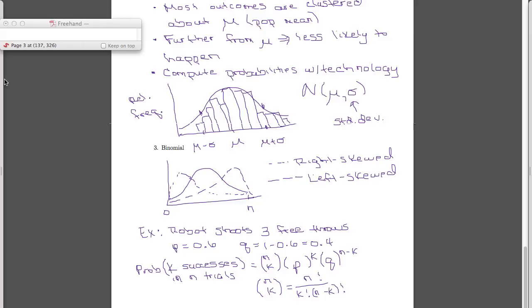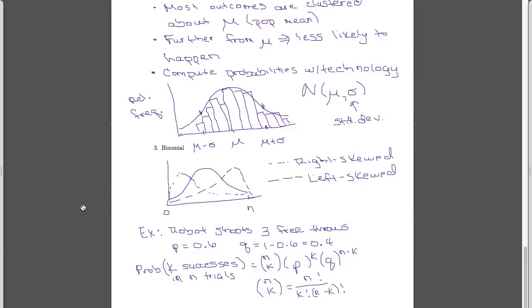And so in the exercises you explore when the peak is in the center versus to the left versus to the right, what that indicates in terms of your binomial problem. But that's it for now.